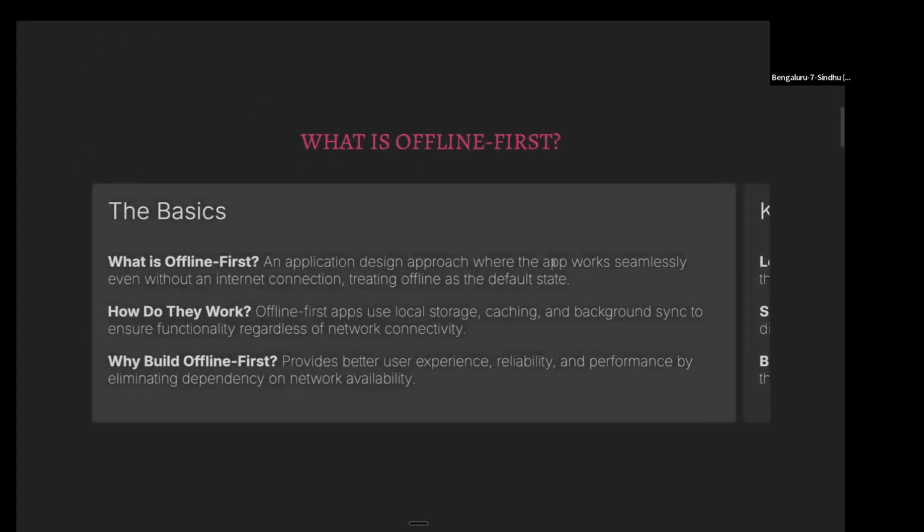All right. Let's go to the basics. What is an offline first application? So in simple words, we as front-end developers or web developers have this primary starting point, right? Like we create applications that work on the internet, and an offline first application flips it.